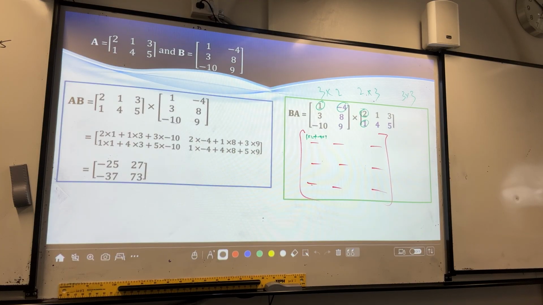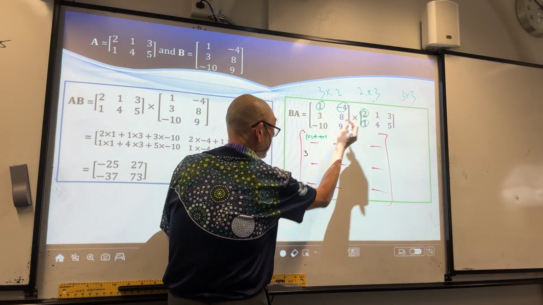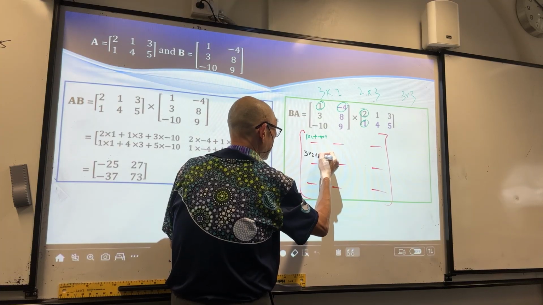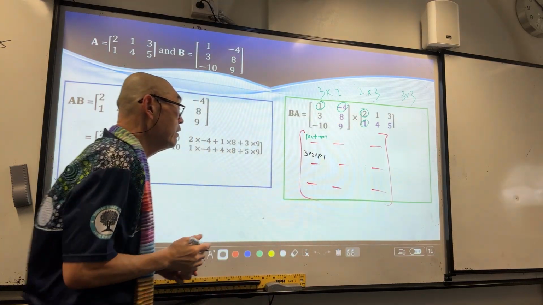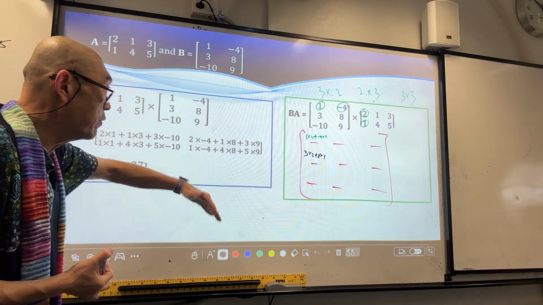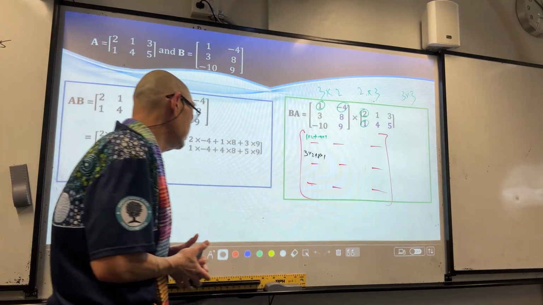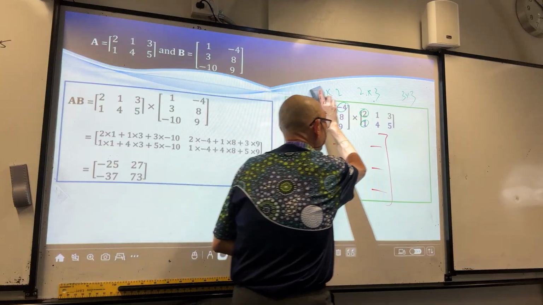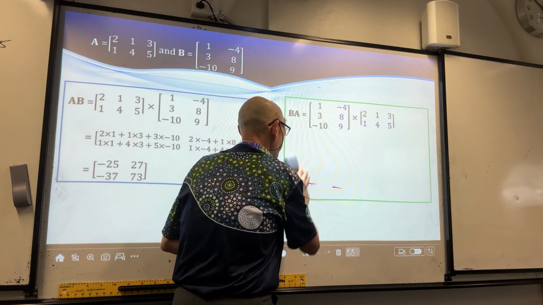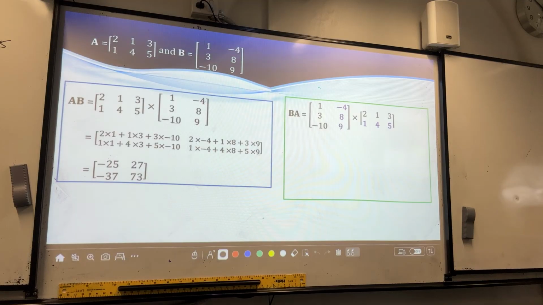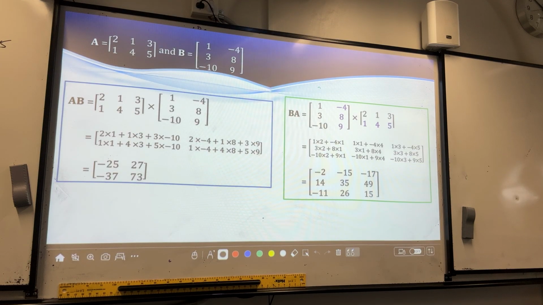So now, if you look at this, you should come up with a 3 by 3 matrix, and this bit here will be 3 times 2 plus 8 times 1, correct? Yeah? So you have to keep going until you end up with a 3 by 3 matrix. So let me review my matrix. I've written this up for you. You can go and have a look at it and check your answer.